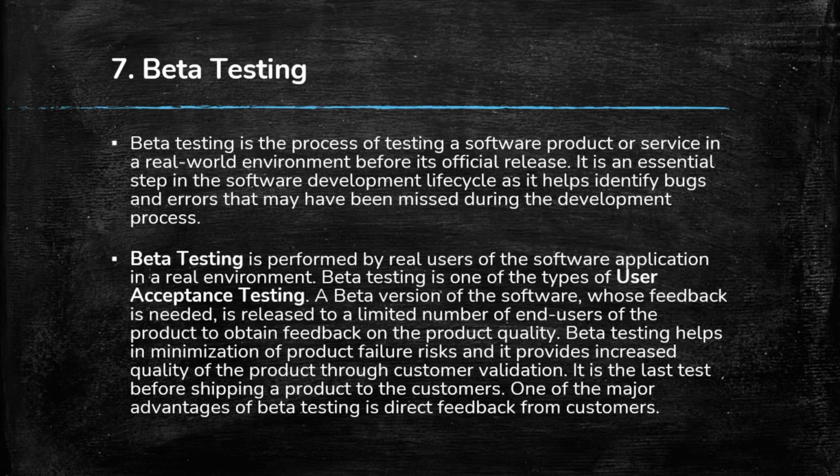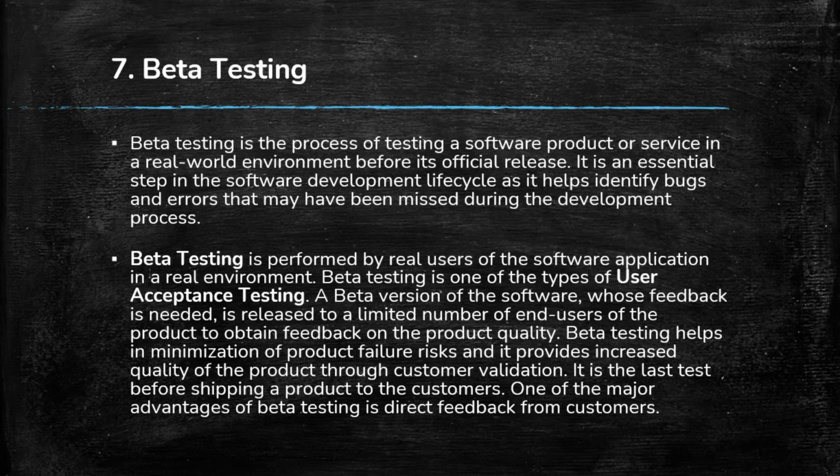Beta testing is performed by real users of the software application in a real environment. Beta testing is one of the types of user acceptance testing. A beta version of a software, whose feedback is needed, is released to a limited number of end users of the product to obtain feedback on the product quality.